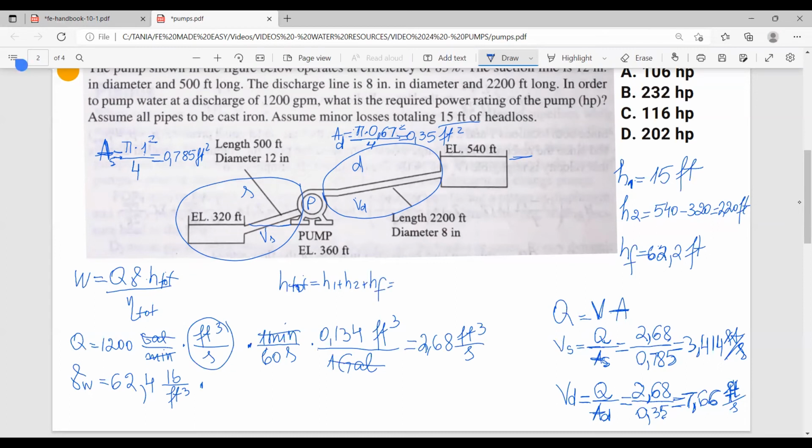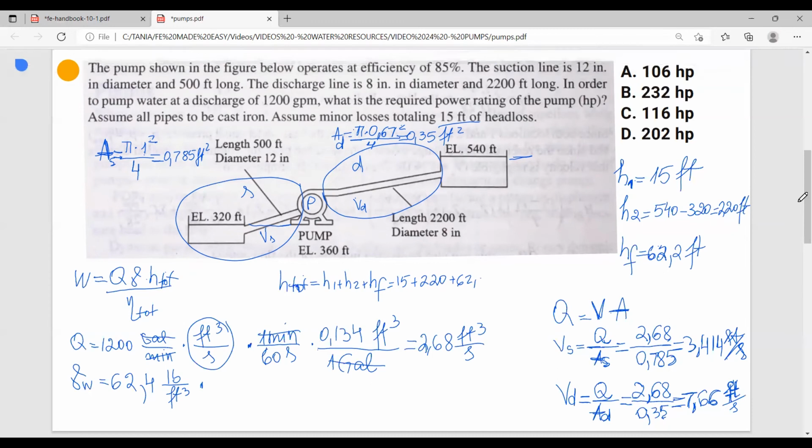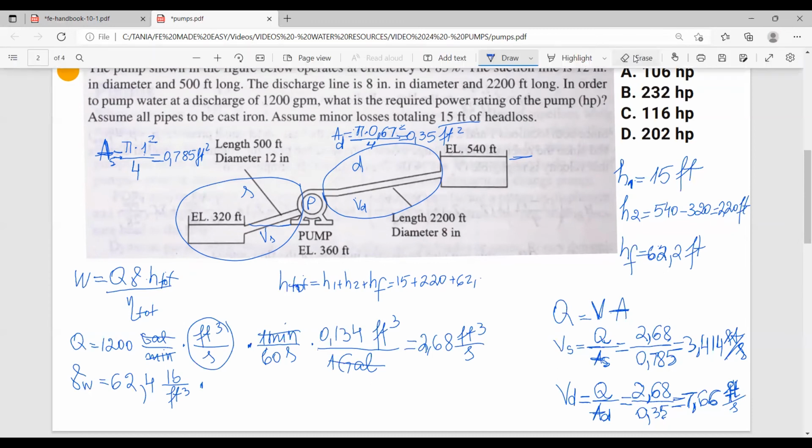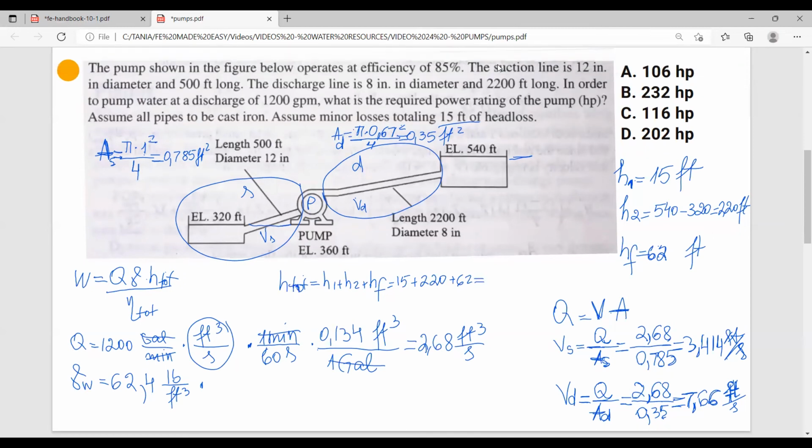And we have 15 feet plus 220 feet plus 62. I don't know why I wrote this, because it's 61.9 and I rounded up to 62. So it's 62 equals 297. So our total head, static head plus friction head loss, is 297 feet.